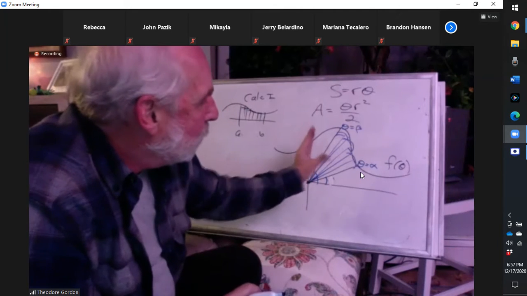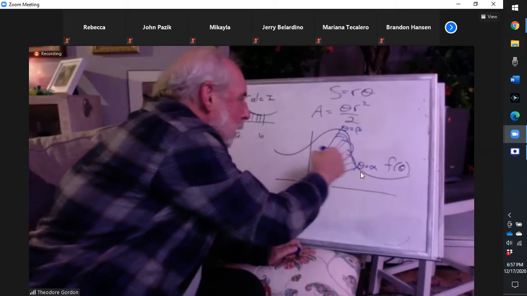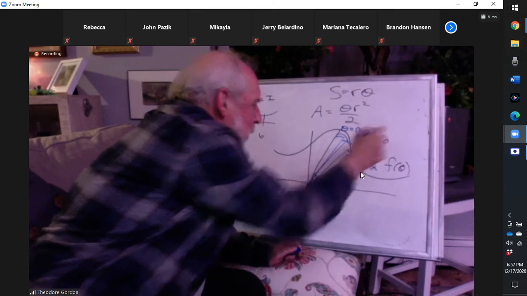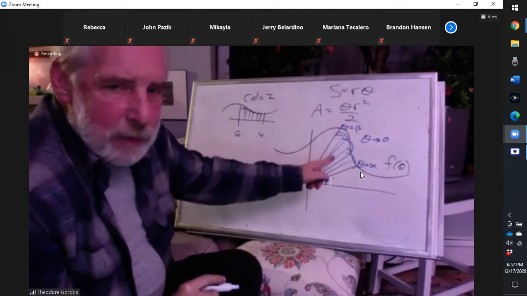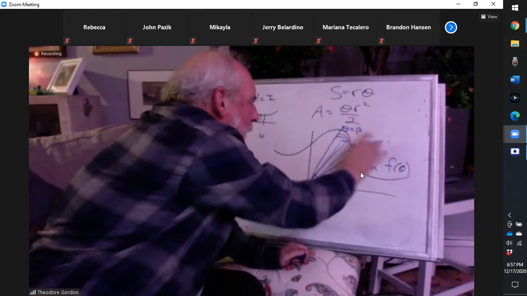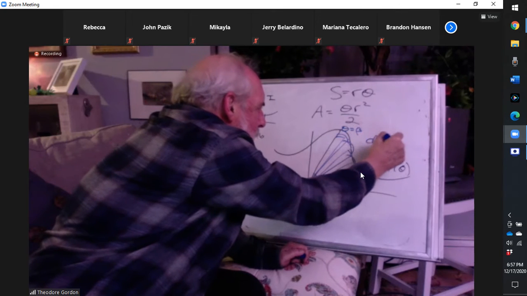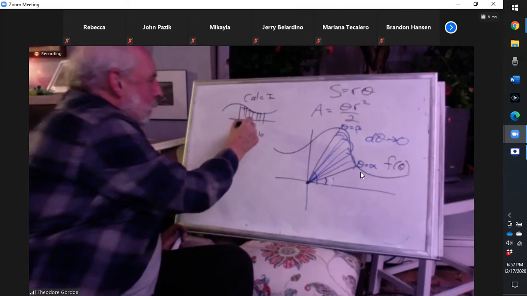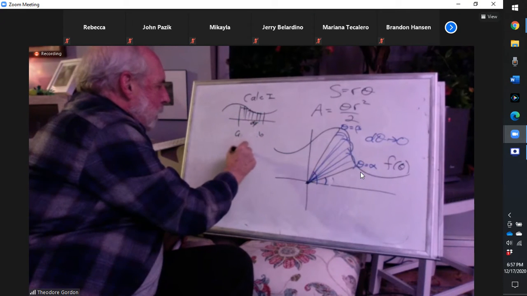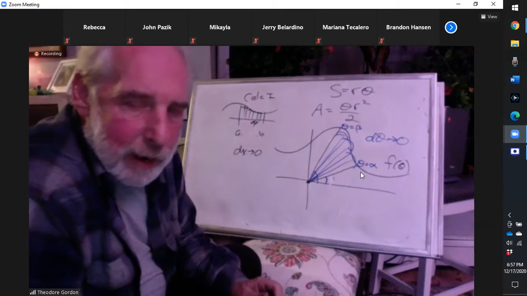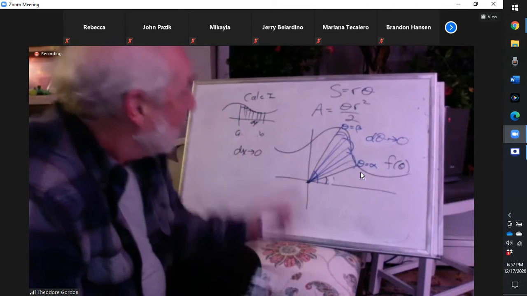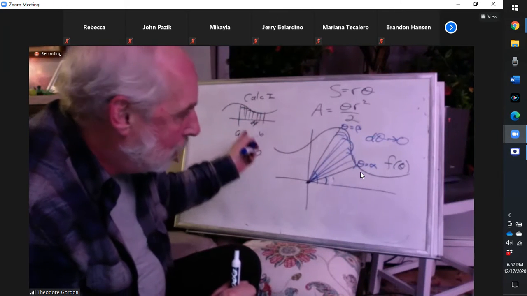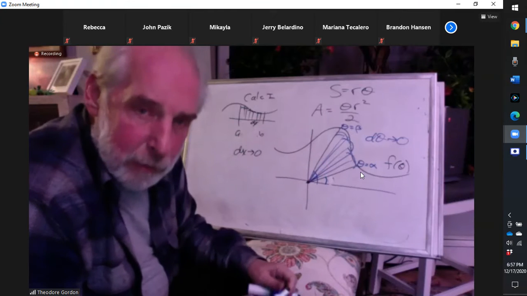And what we do is we let the angles here, we let theta go to 0, and that will give us the exact area. We let d theta go to 0. Over here, all of our rectangles have width dx, and we let dx go to 0 to get the exact area. So the analogy here is just the same as you saw in Calc 1, but we're not using rectangles, we're using pizza pie slices.